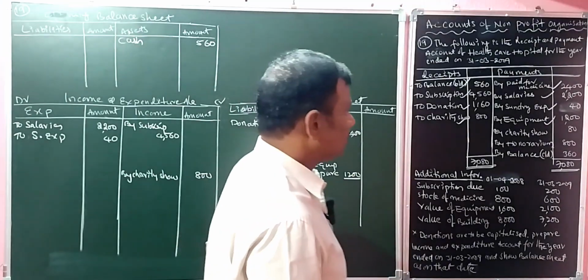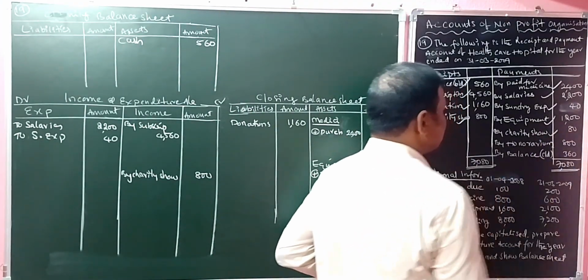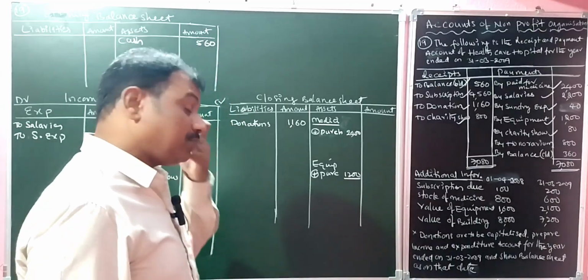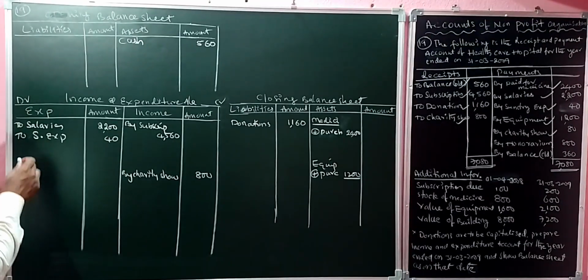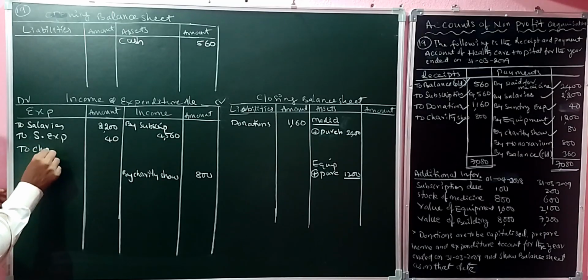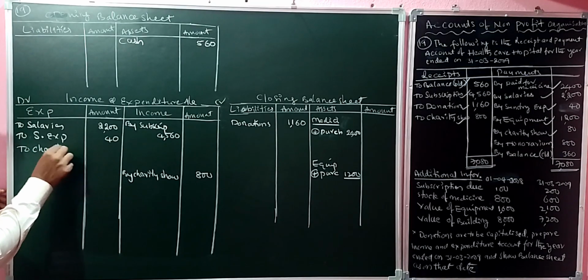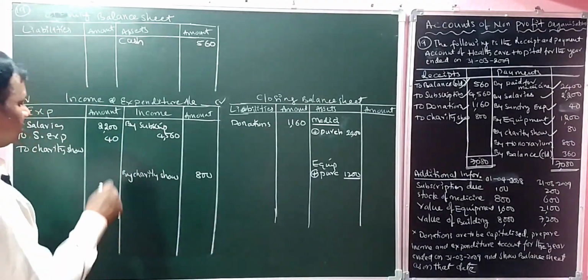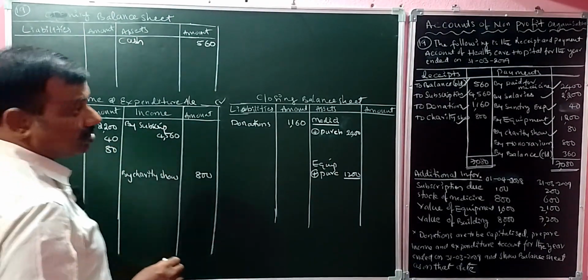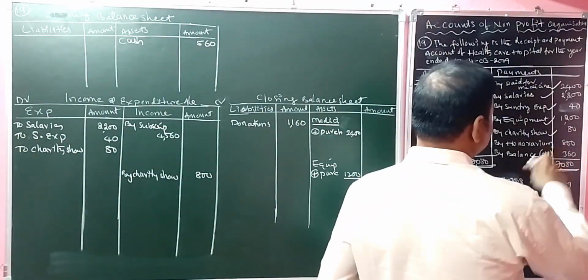Next, charity show. It is given on the payment side, so we take it on the expense side, to charity show. The value given is 80 rupees.